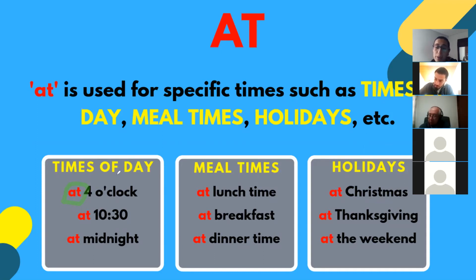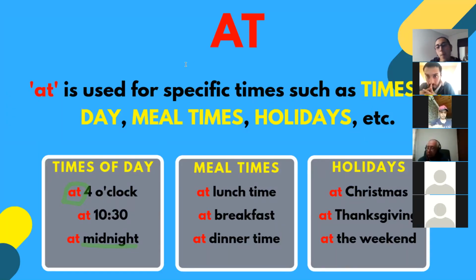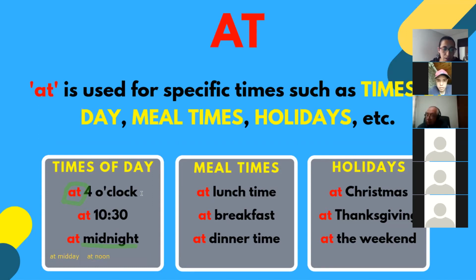Now, we got some vocabulary which is important to remember to use with at. We said at midnight. What is midnight? Medianoche. And the opposite, if you say mediodía, how can you say it? Noon. Midday. Okay, we got two different forms. You can say at midday or you can say at noon.